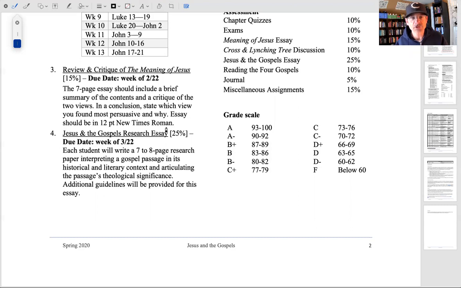And you should do that in 10-point Times New Roman font. So 7 pages on this project. The way this book is set up is that it has various topics, and then one writes about that topic from their perspective, and the other writes about that topic from their perspective.